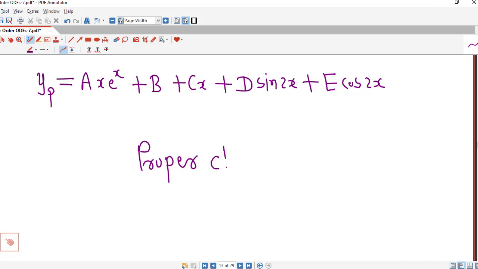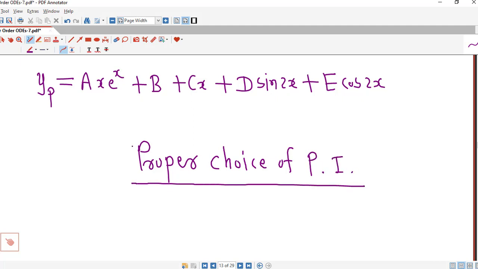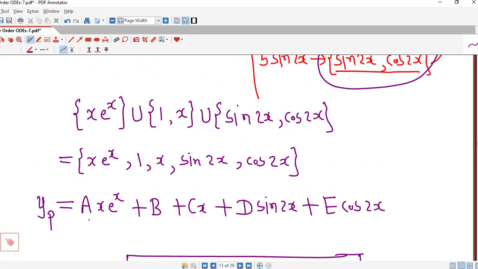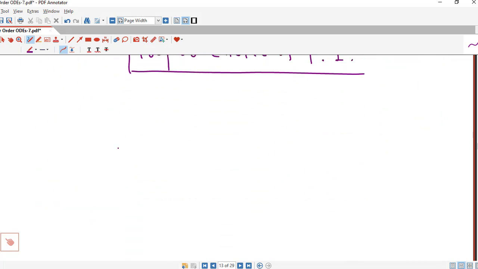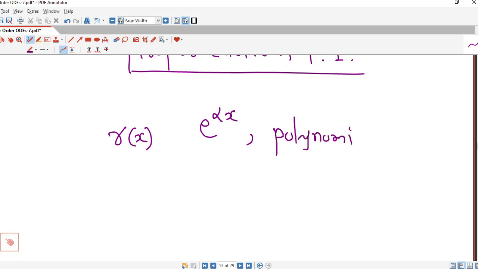So the proper choice of particular integral is necessary to find the correct particular solution. So this is all about the method of undetermined coefficients. We just recall that this method is applicable for special right hand sides: exponential functions, polynomial functions and trigonometric functions, sine or cosine, and linear combinations of all these functions.